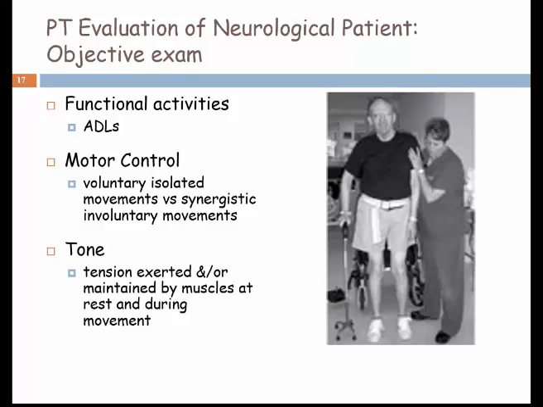In short, the ability to assume and maintain a posture and to function in different positions and environmental conditions. Typically, this kind of evaluation is more extensive with the neurologically impaired patient, as they have more deficits regarding these issues than the typical orthopedic patient.